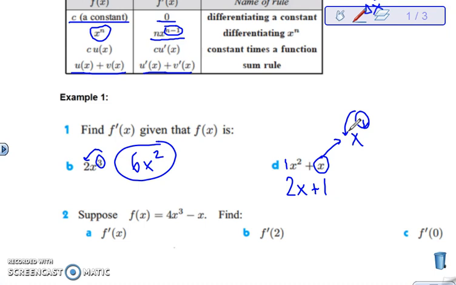And then if I drop the x from x to the first power, it becomes x to the 0 power, which means it goes away, which means just the x by itself would turn into a 1. All right, I will let you do 2 on your own. So first, use your rule we just talked about to find f prime, and then take these and plug in to the formula.